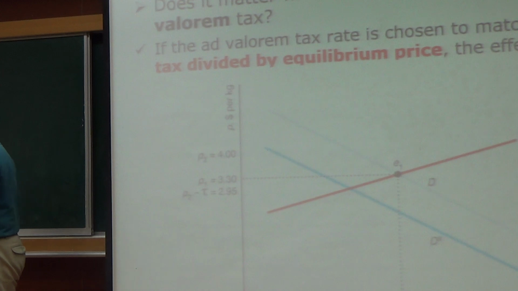Okay? So now the new quantity would be Q1. This is Q0. Without tax, and with tax tau.